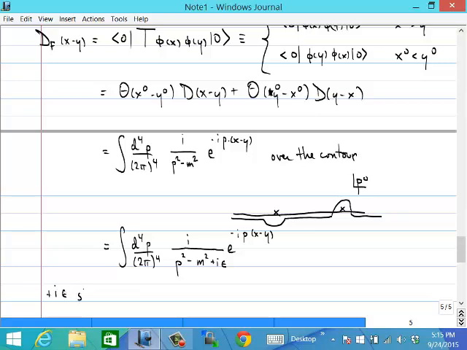The plus i epsilon, all it does is it shifts the location of the poles. In particular, if you just added a very small imaginary part to the denominator there, then the poles, instead of being at plus or minus Ep, would each get shifted by a very small imaginary amount. Now, of course, epsilon is a quantity that I'm just going to set to 0 at the end of the day.